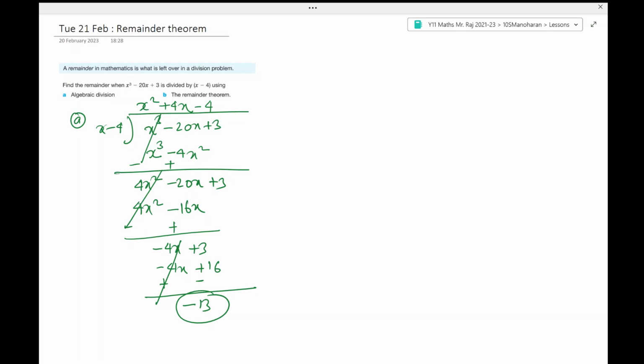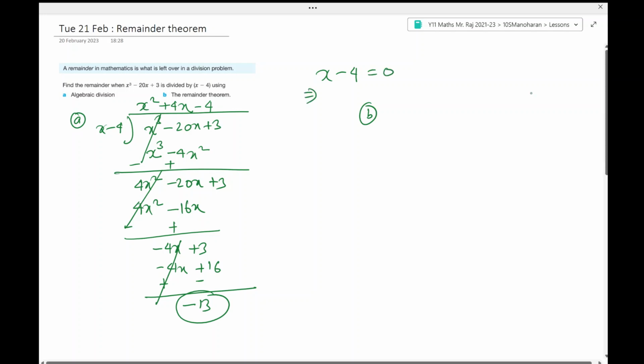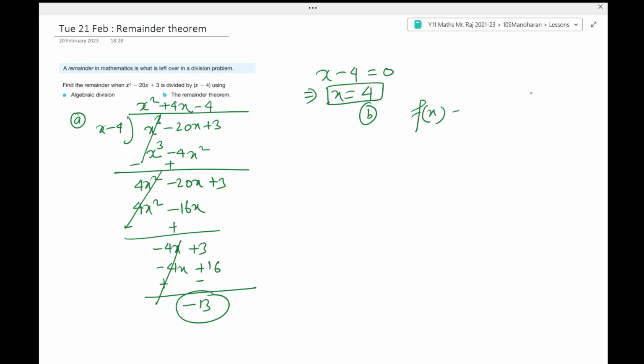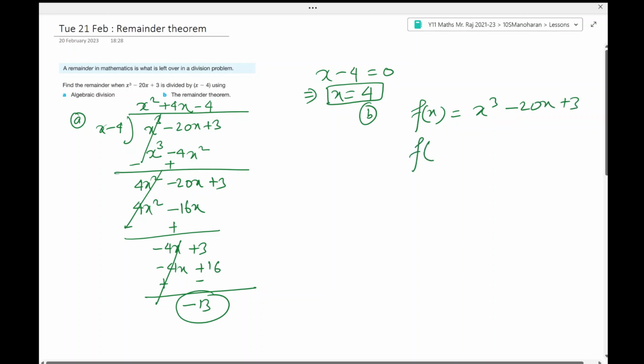Now, instead of doing this, if you know the factor theorem, you can just apply it. The remainder theorem is just an extension of the factor theorem. If you have x minus 4, equate it to 0, you will get x is equal to 4, correct? Now let's say this polynomial can be written as x cubed minus 20x plus 3, and we are going to substitute x equal to 4 here.